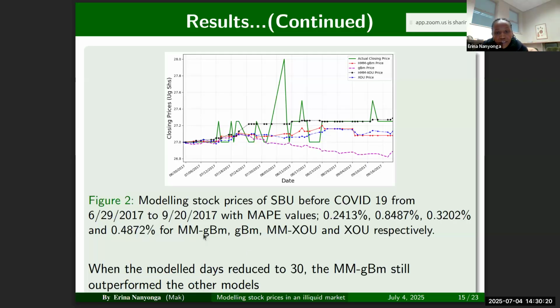The Markov models are reflecting the market scenario at the Uganda Securities Exchange, where the prices can stay constant for a given time. So even when the number of days to be modeled were lowered to 30 and 20, still the combined models outperformed the SDEs alone.